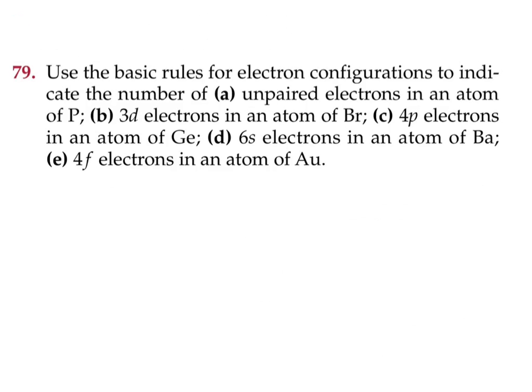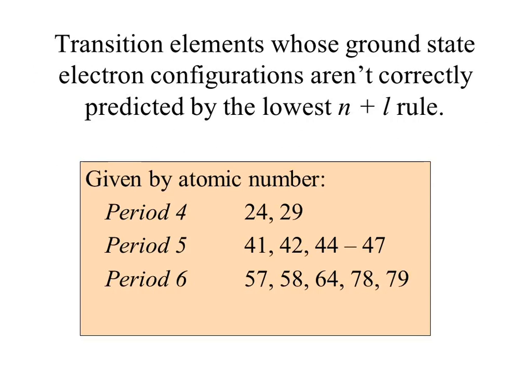Use the basic rules for electron configurations to go ahead and, my hint here, and I'm not going to write it down because there's really not much to write down. My hint there is to go ahead and draw the electron configurations and then see how they are.